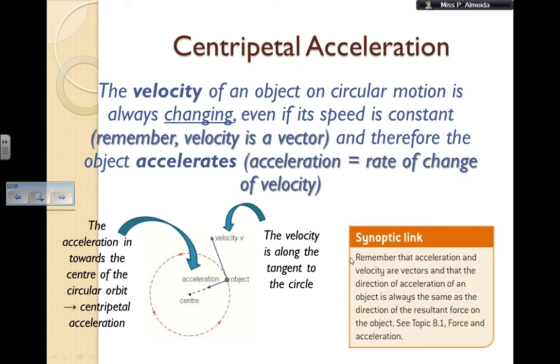Now, this part I already told you. The direction of the acceleration is always the same as the direction of the resultant force, and in a couple of slides I'm going to explain this a little better.